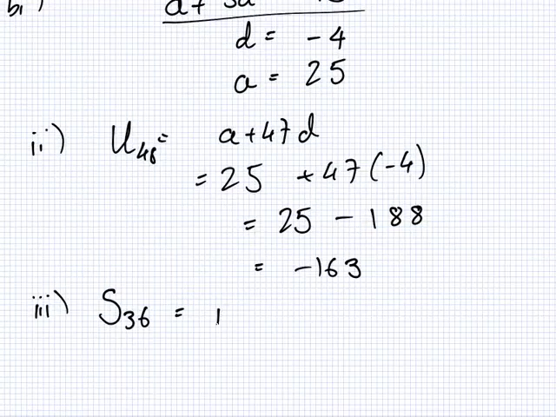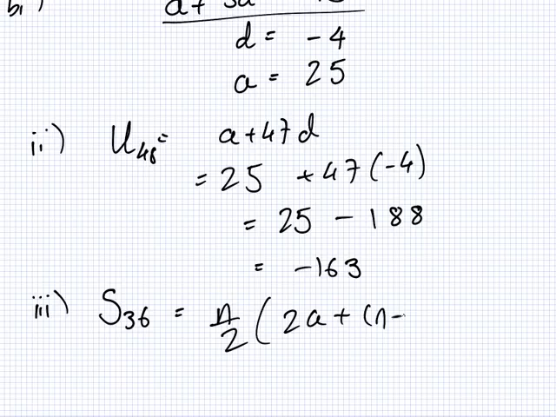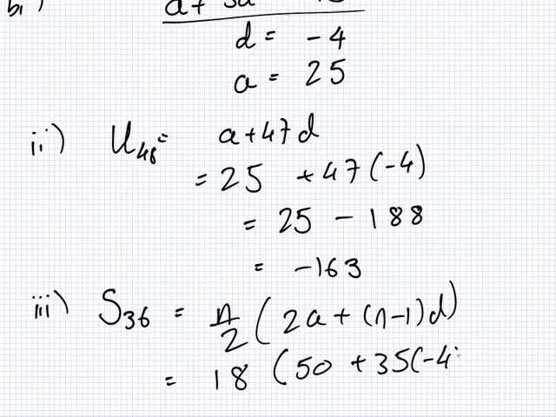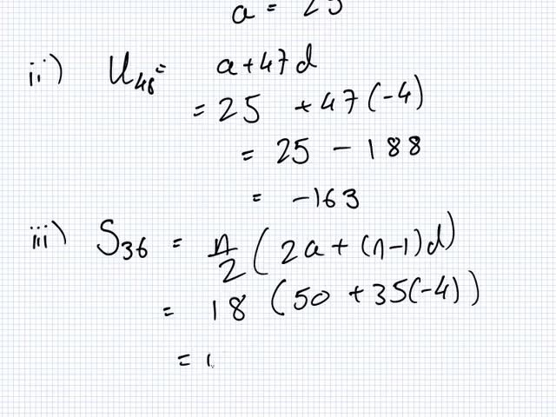So if you remember, that's n over 2, 2a plus n minus 1 d. 18, 50 plus 35 times minus 4. What's that? 18, 50 minus 140. What's that? 80 times minus 90?